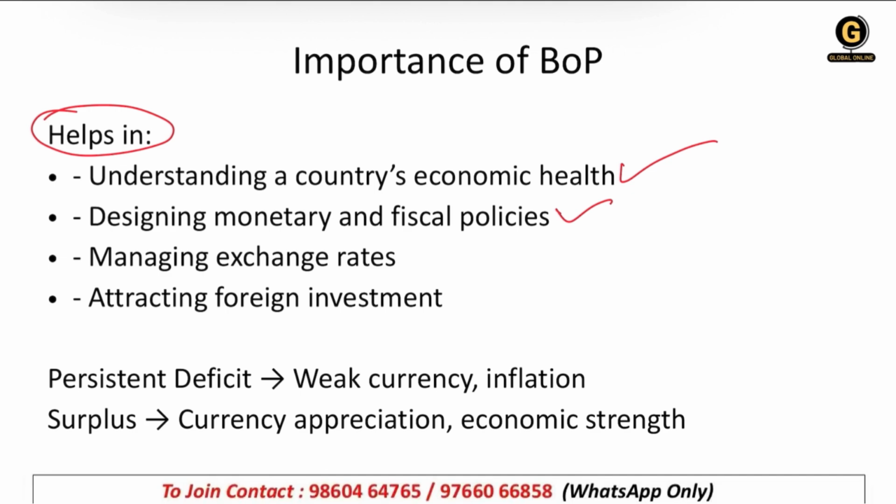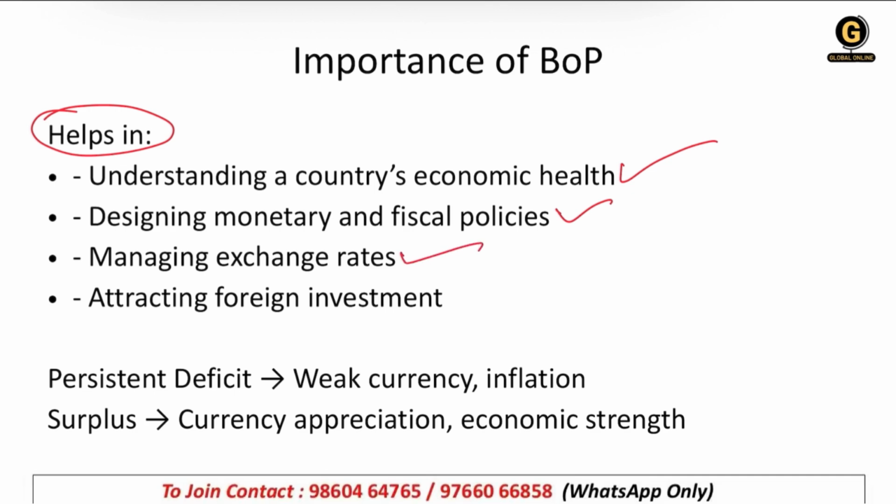Then you will come to the point of whether we need something or not. So after calculating the BOP, you can design the monetary and fiscal policies, correct? If you want any modification in the policies, the BOP will help us to modify those, correct?